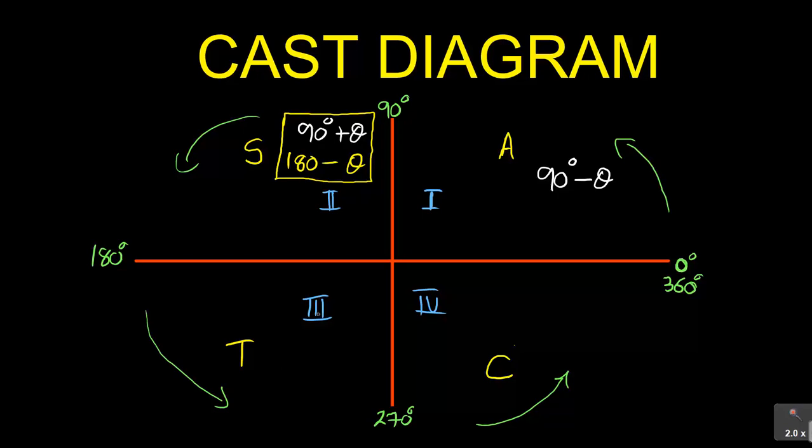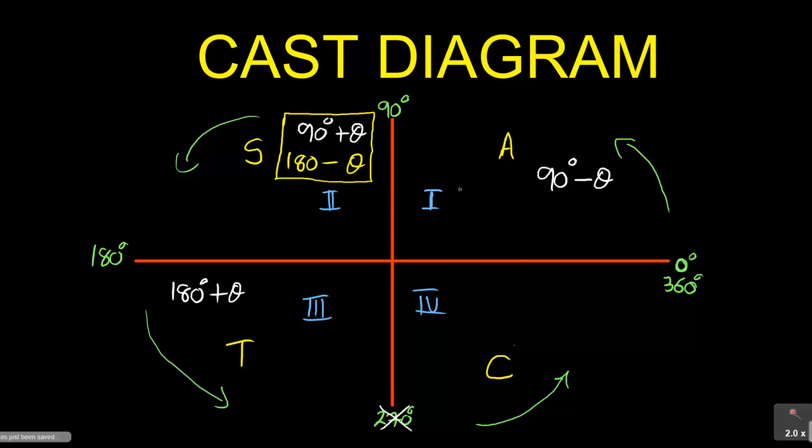Now, in the third quadrant, the reduction rule is we have already passed 180, so it's after 180, but we have not yet passed 270 degrees. Because it's after 180, it is 180 degrees plus theta. So for now, don't use 270 in your reduction rule.